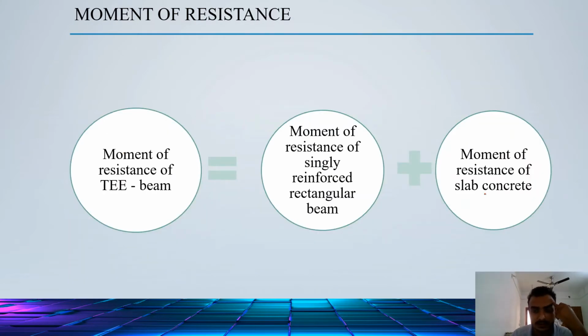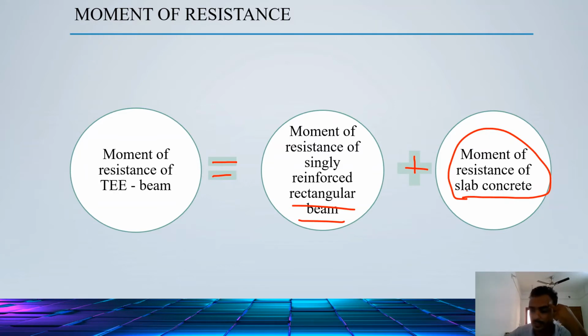So, moment resistance. The moment resistance of the T-beam is equal to the moment resistance of the singly reinforced rectangular beam plus the moment resistance of the slab concrete.